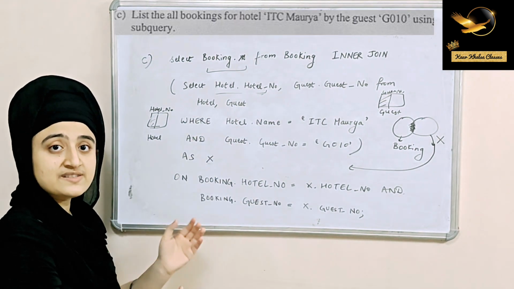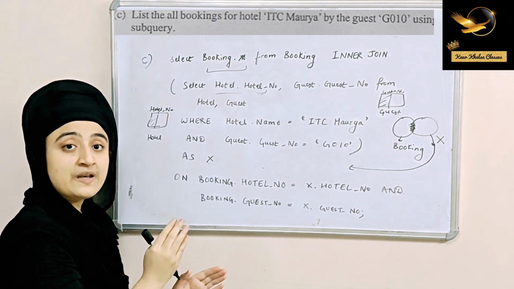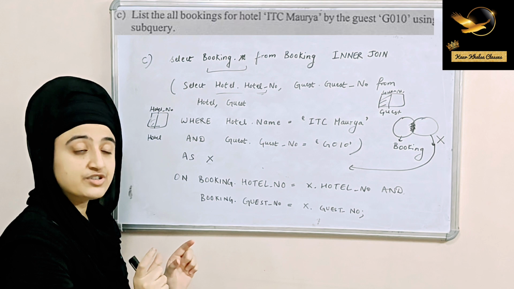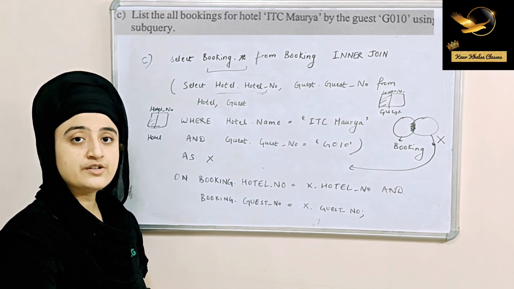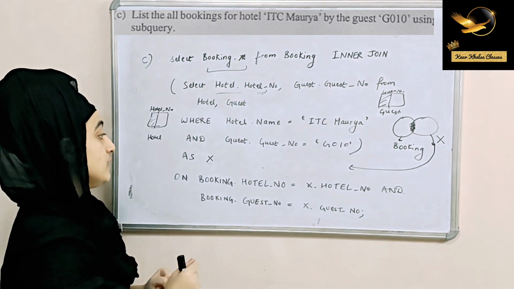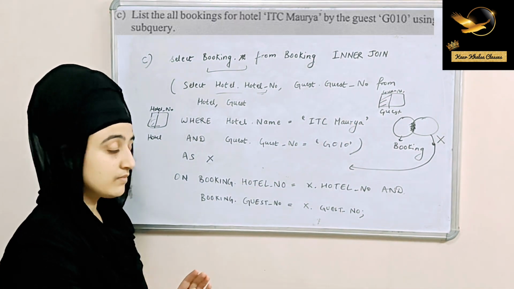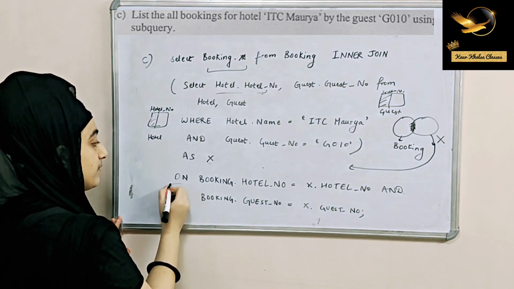Why have we given this name? So that we can apply inner join on it. For applying inner join, there should be some condition. To clear this doubt about inner join, you have to watch the join video. So for inner join, we have to apply some condition, and we are applying it here.